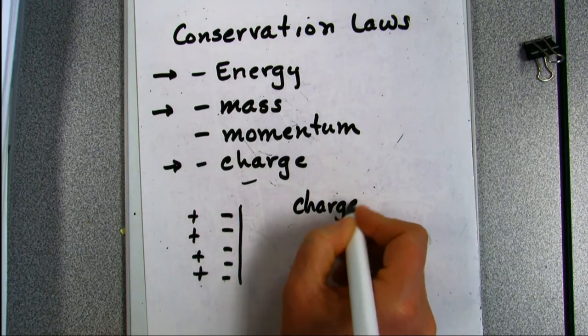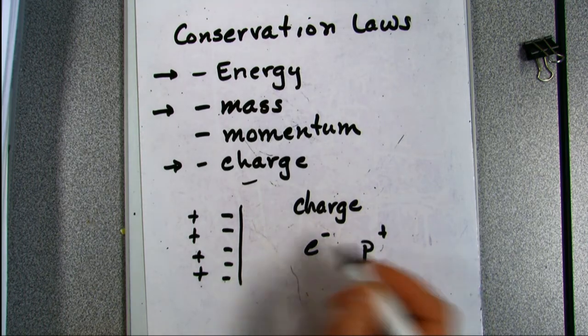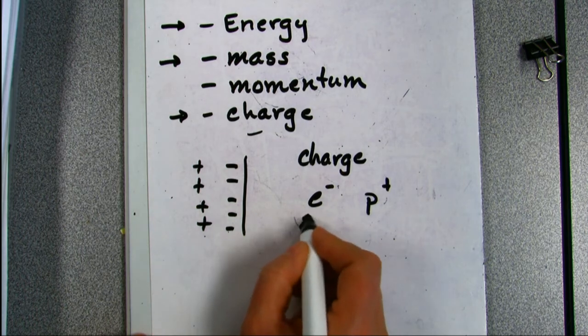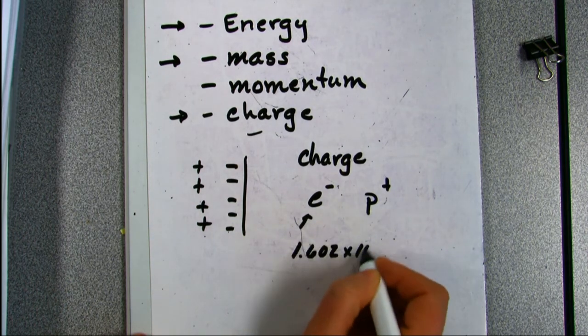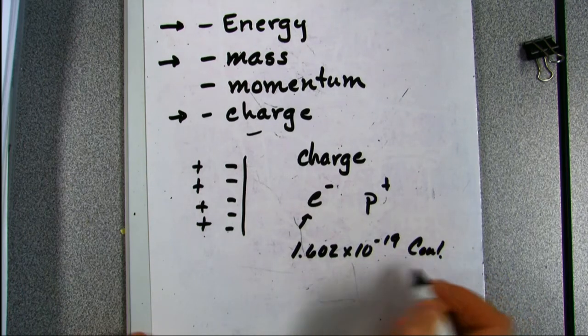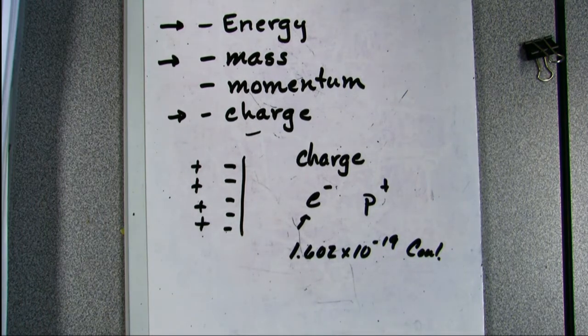Our electron is negative. Our proton is positive. And we know the magnitude, right? 1.602 times 10 to the minus 19 coulombs is the charge on an electron. And it's also the charge on a proton, except the proton is positive.